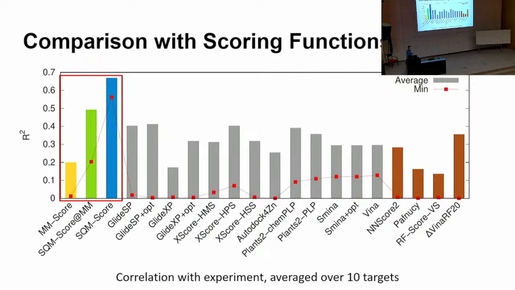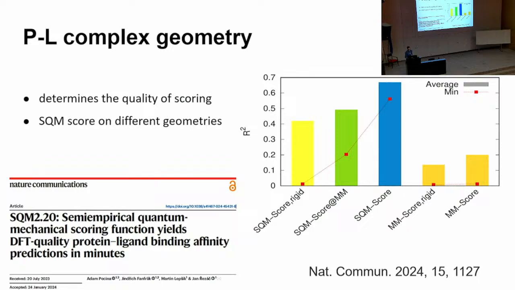Interestingly, when we compare the score, this is molecular mechanics and generalized Born implicit solvent, it is pretty bad. But we can also take the geometries from it and do our SQM. And we can see it is somewhere intermediate, which means that the success of SQM is for 2 reasons: structures and energies, which is again seen in this graph.